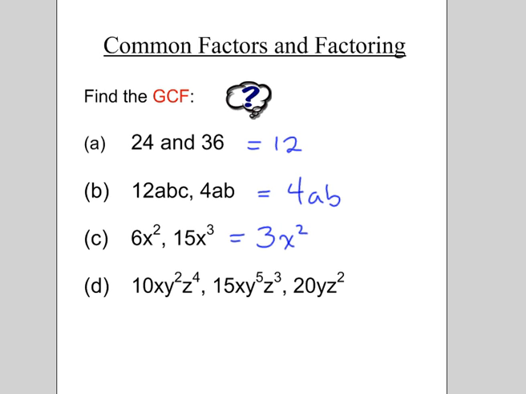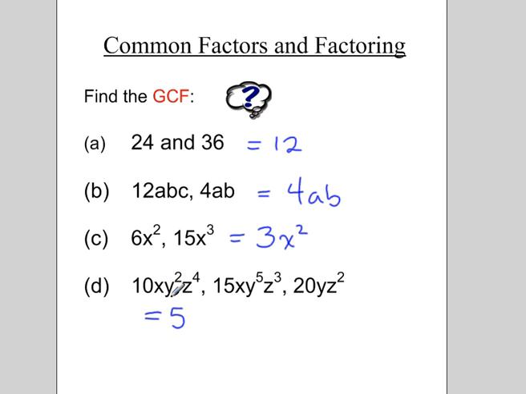And then this last one, there's 3 terms. So now we have to look for numbers and letters that occur in all 3. What is the biggest number that goes into 10, 15, and 20? That would be 5. Now let's look at the letters individually. This one has an X, this one has an X, but this one does not, so that is not a common factor.